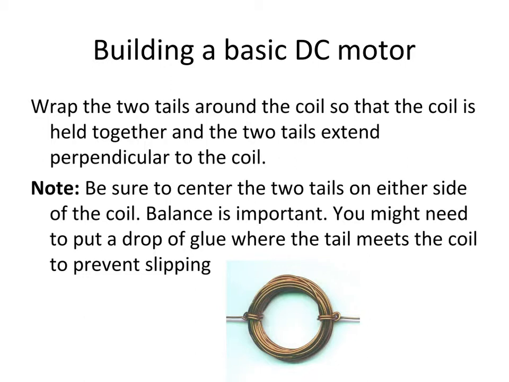One of the tricks here is to make sure that the wire tails are nice and straight. So when you connect these, make sure they are straight out, or else gravity will play havoc with your spinning armature, which in this case is really just a handmade wire coil.